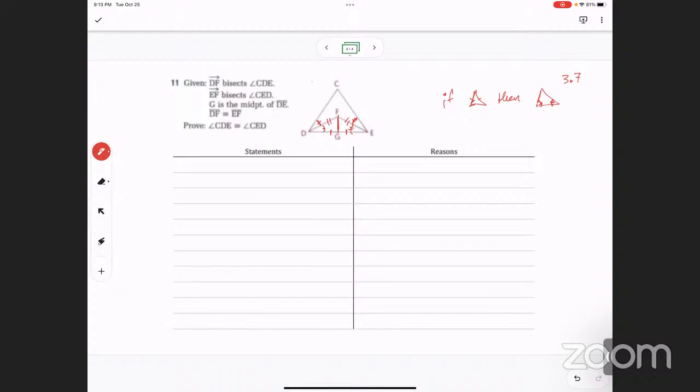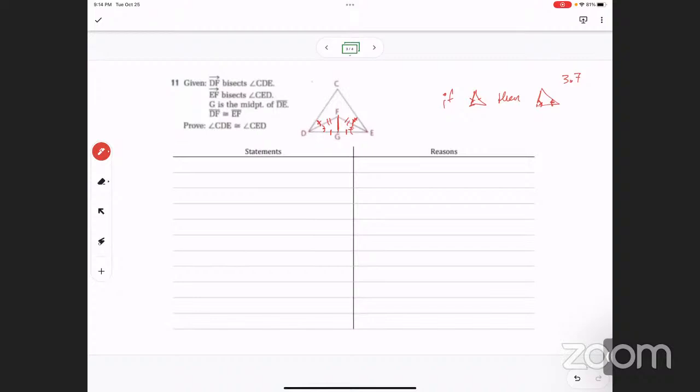How would we show... You could do FG is congruent to FG. Yeah, you can, and then you can have side, right? That's what you're going to have to do.